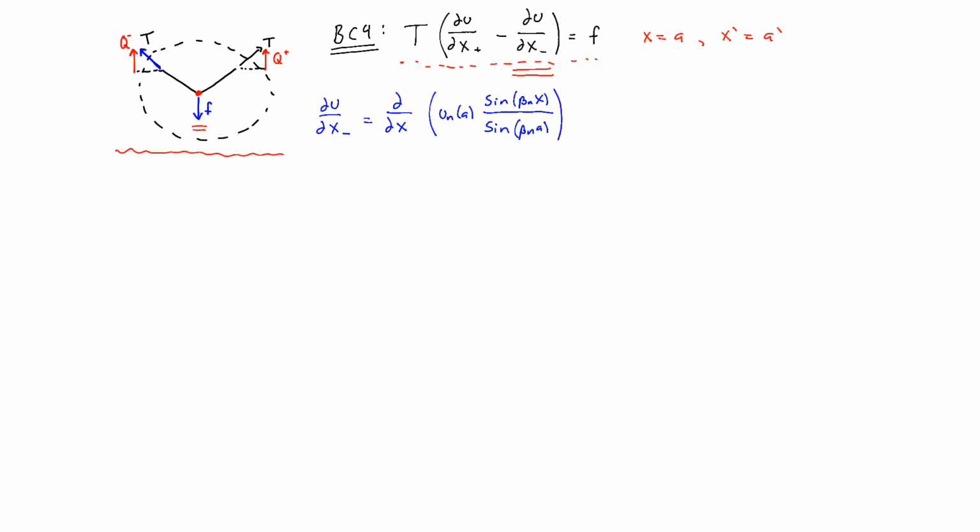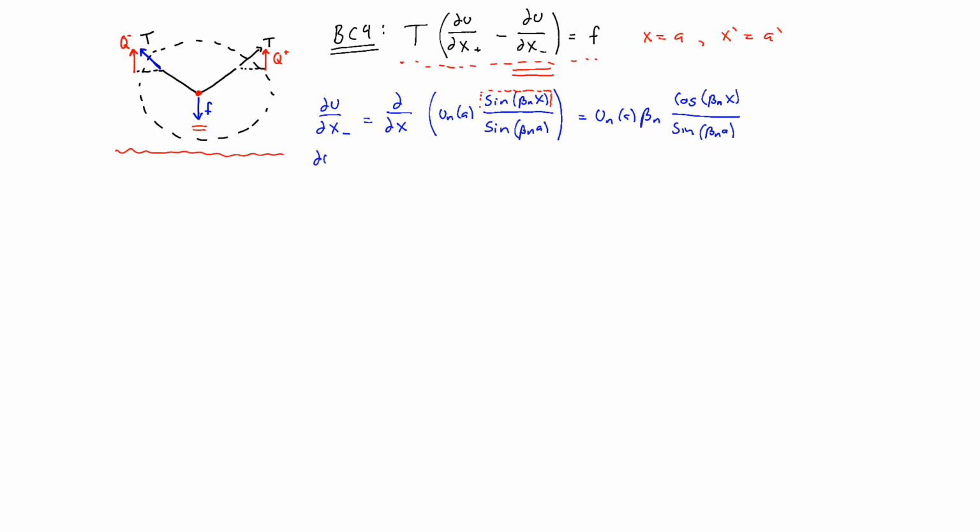And everything here is a function of x, and that means we simply need to differentiate this sine function, and that will transform into cosine. That means we get un of a, the inner argument differentiated with respect to x, and then a cosine beta n x divided by sine beta n a.